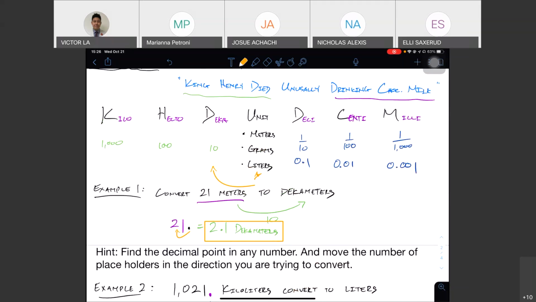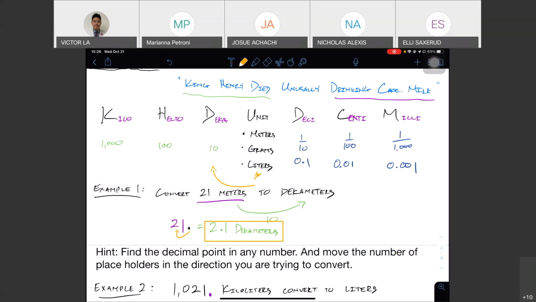Kilo is 1,000, hecto is 100, deca is 10, unit is 1 meter, 1 gram, 1 liter. And also you got 1/10, 100, 1,000. So numbers get smaller as you progress from left to right, and essentially bigger when you progress from right to left. That's pretty awesome. Effect of one another essentially.